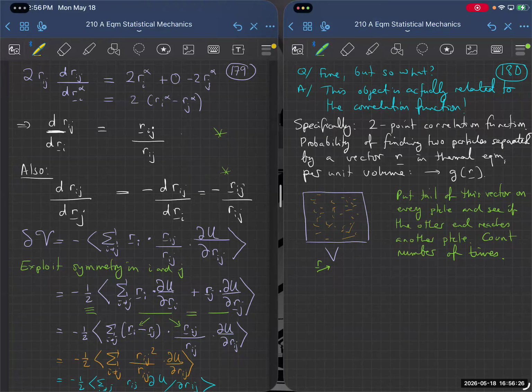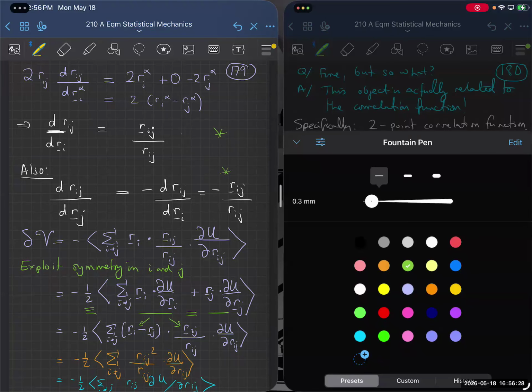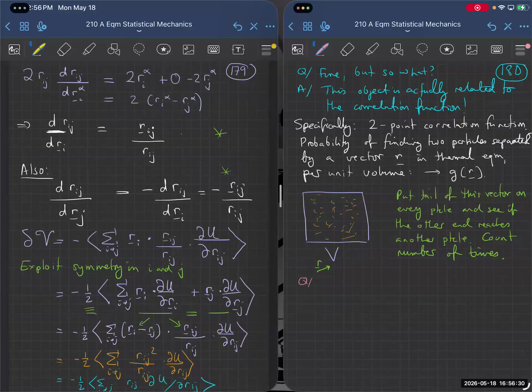So let's count how many particles are separated by such a distance, by this r. The answer is, what we're going to do is sum over all pairs of particles, so i is not equal to j.